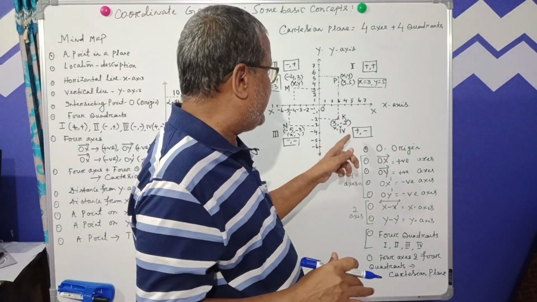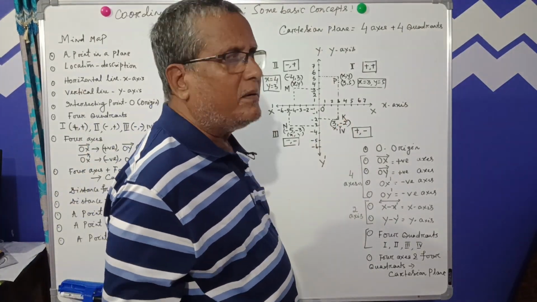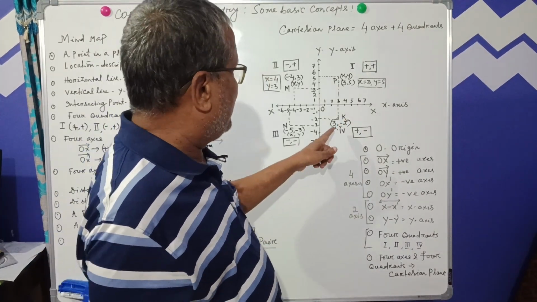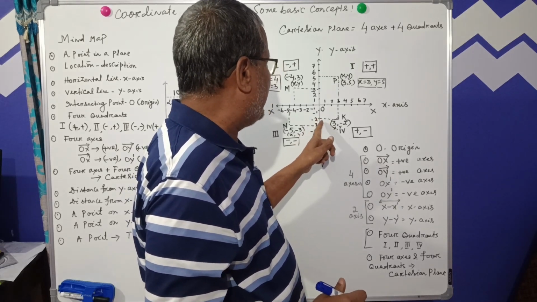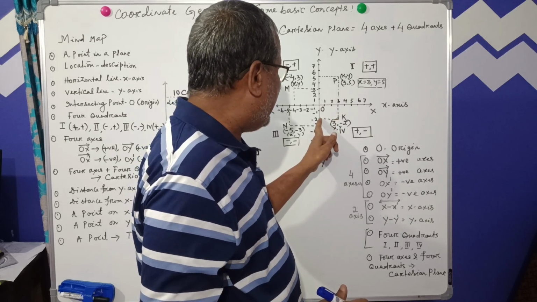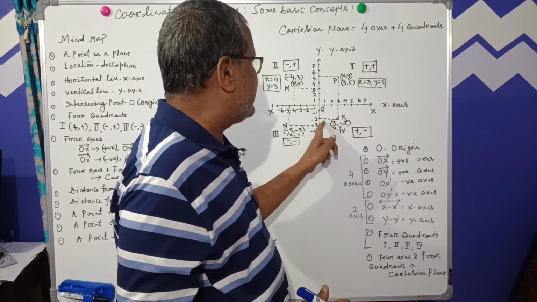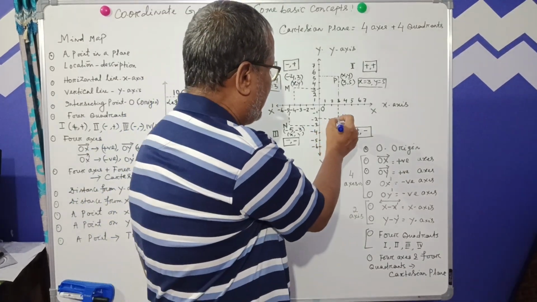Come to another point that we have taken, K, in quadrant number 4. Look here. The abscissa, from the y-axis to this point, is plus 3.